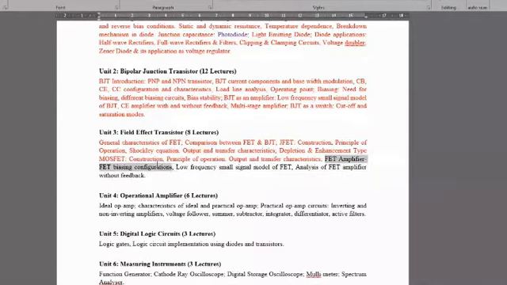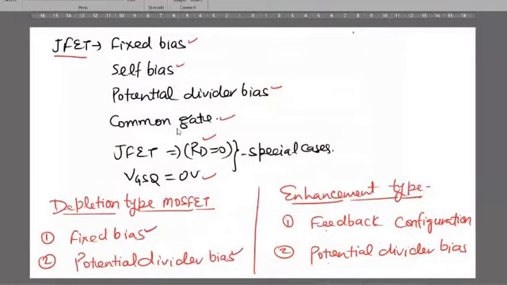We have to study about FET biasing configuration only. Low frequency small signal model analysis of FET amplifier without feedback. Okay, fine. In your syllabus, this black color portion is the present only. So you have to study about these 3 to 4 types of biasing scheme for FET.